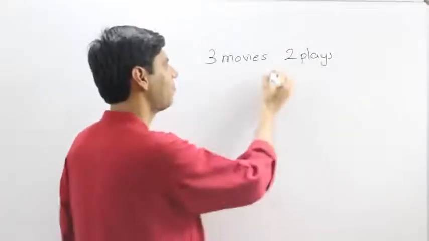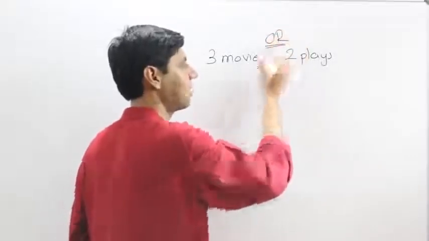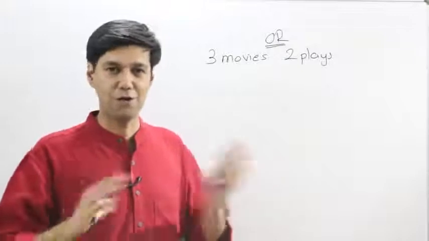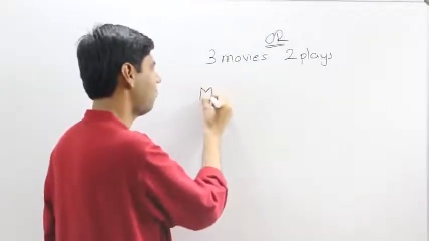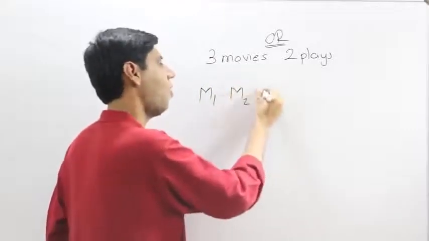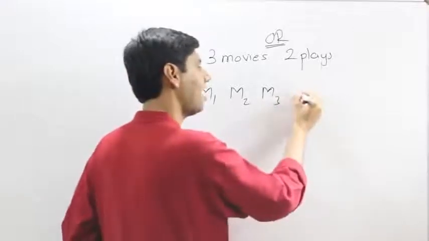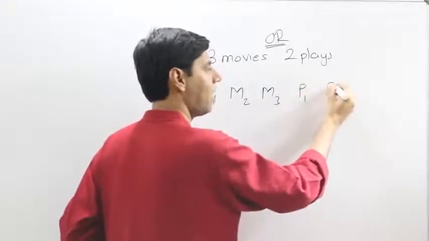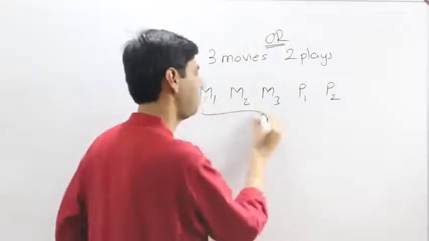So either I am going to watch a movie or going to watch a play. So the conjunction used is an or. I cannot watch both of them at the same time. So it simply goes as I could go and watch either movie 1 or movie 2 or movie 3. The emphasis is on the word or. Or I could watch play 1 or I could watch play 2. So these are nothing but 5 different ways.